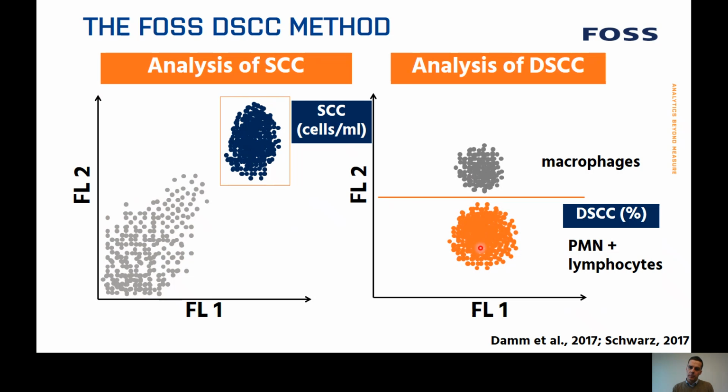So, what we find below this orange differentiator here is what we consider as differential somatic cell count. Thus, the instrument produces two values: one, total somatic cell count, for example, 100,000 cells, and then DSCC of, for example, 80%, which means that in this sample we found 100,000 cells per milliliter and 80% of them are PMNs and lymphocytes.